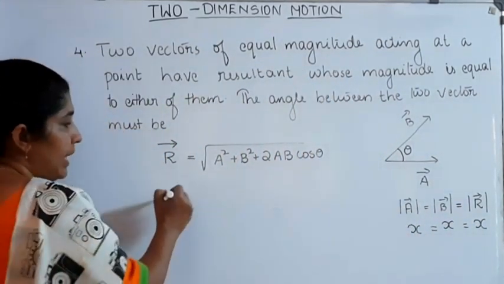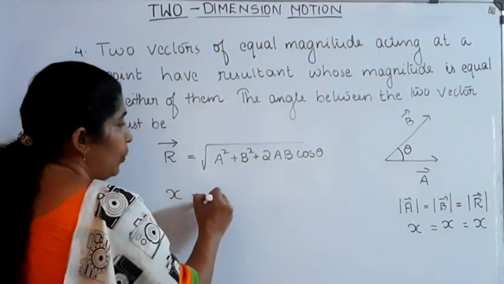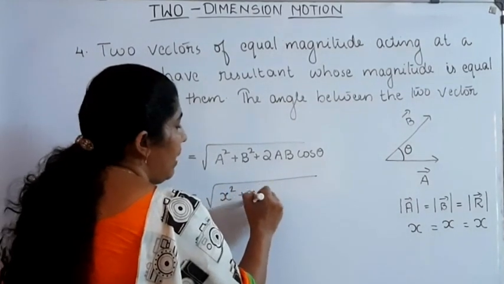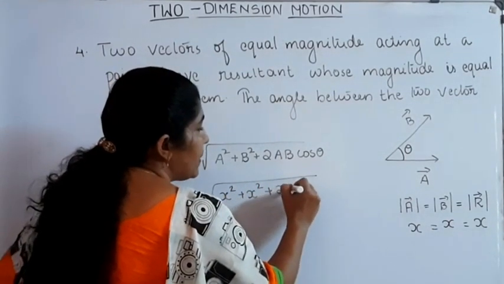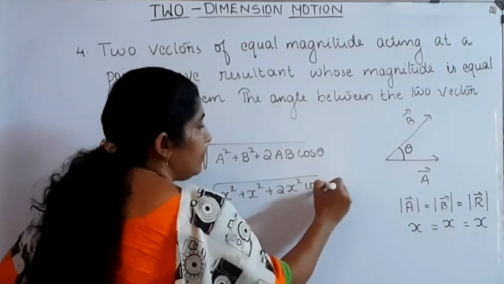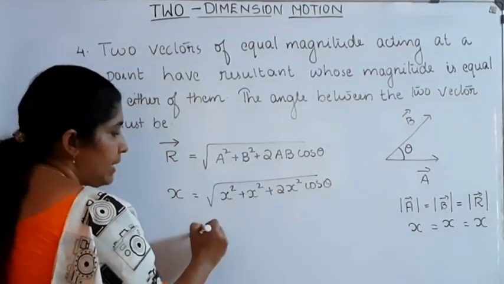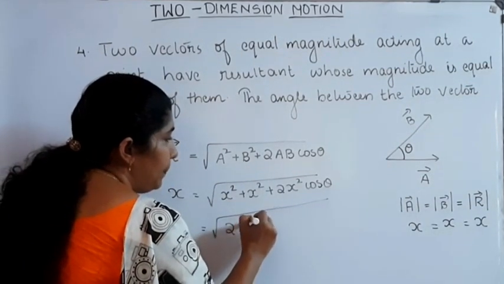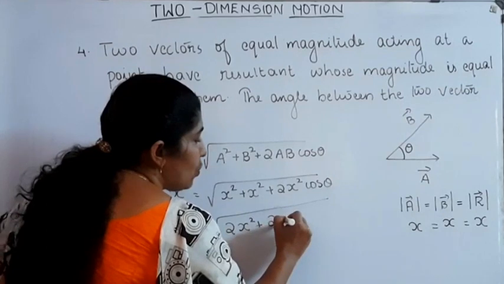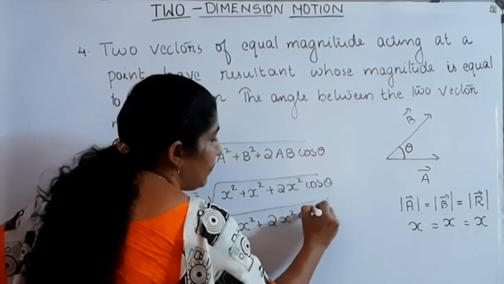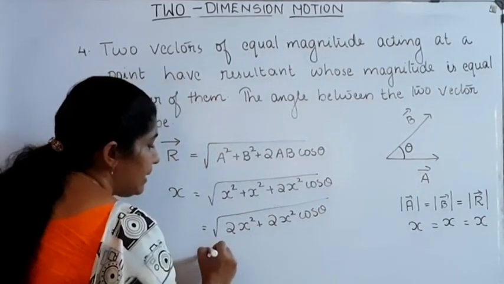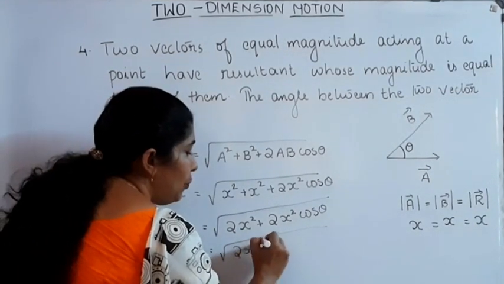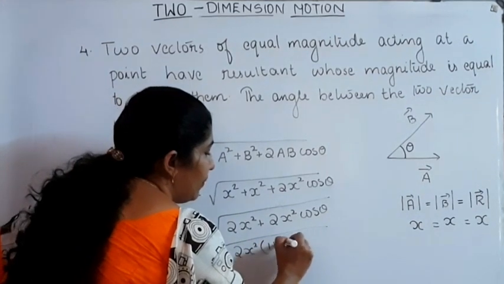Now we can substitute those values. x is equal to root of x square plus x square plus 2x square cos theta. Okay, that's equal to root of 2x square plus 2x square cos theta. Okay, that's equal to root of 2x square into 1 plus cos theta.